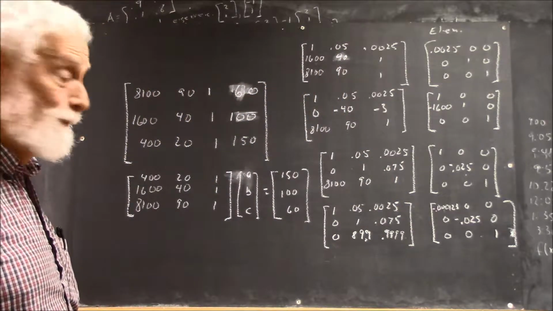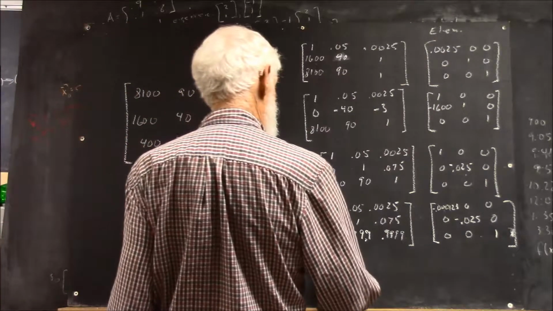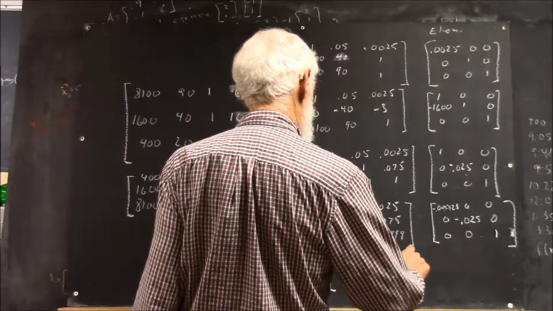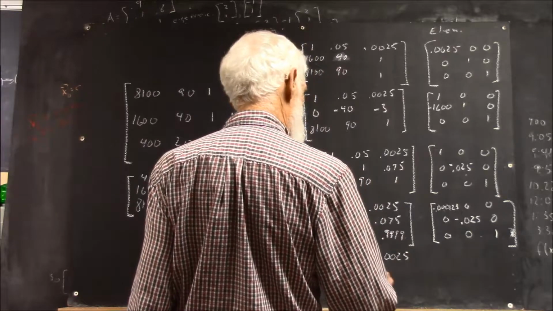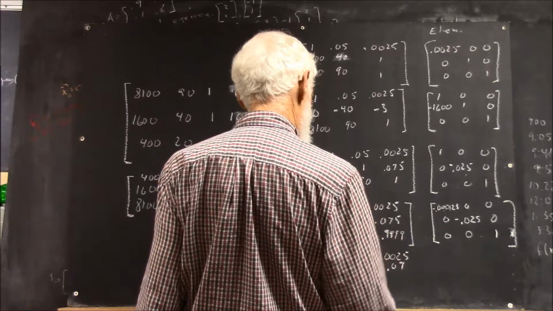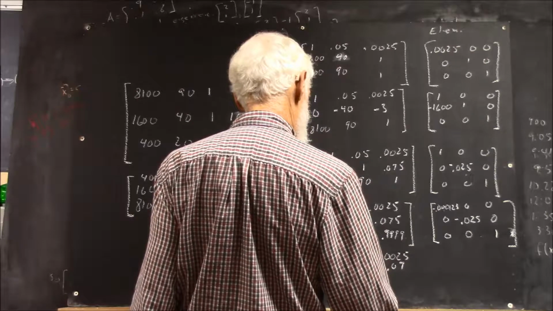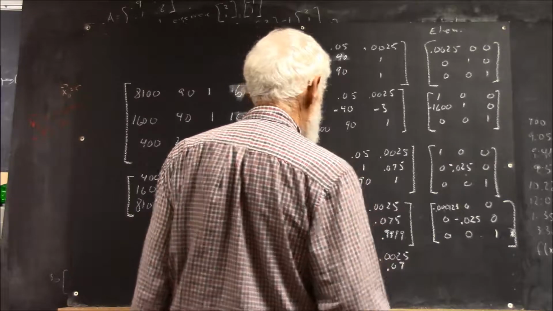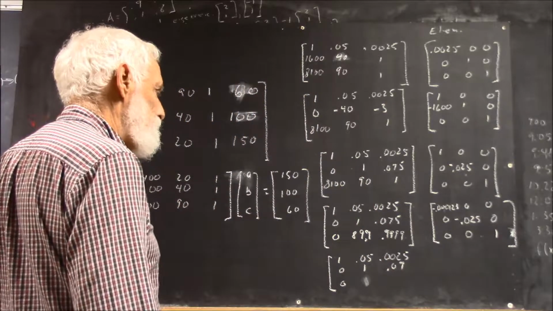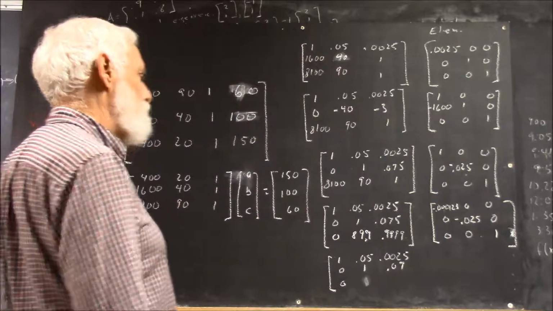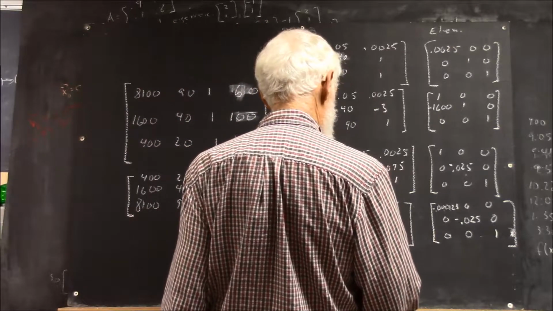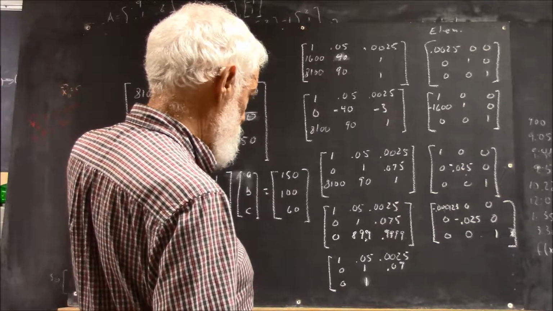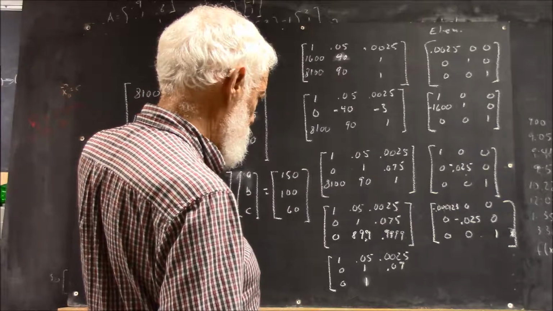Right? Then all we do, and this is just an exercise in arithmetic at this point. And, yeah, okay, I've got to get a 1 here. Actually, I don't have to get a 1 there. 0.